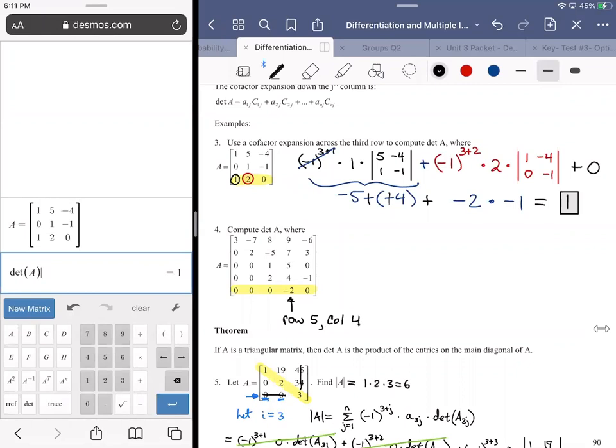All right, that's an important thing to keep in mind, because if you think about the cofactor expansion, it's always -1 raised to the sum of the row position and the column position multiplied by the entry at that location multiplied by, and this is where we earn our keep here.